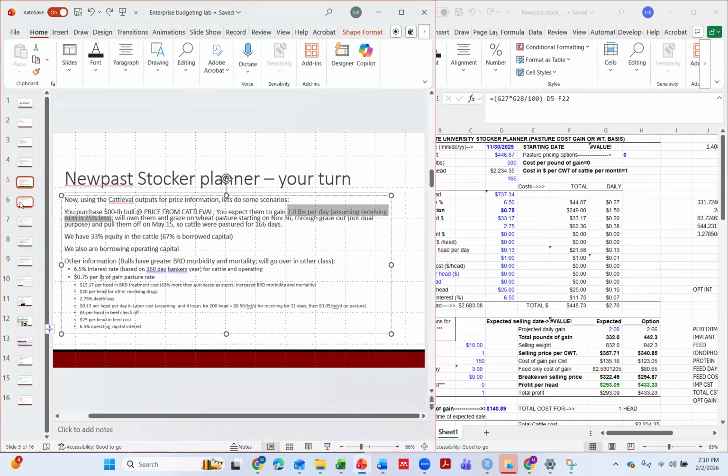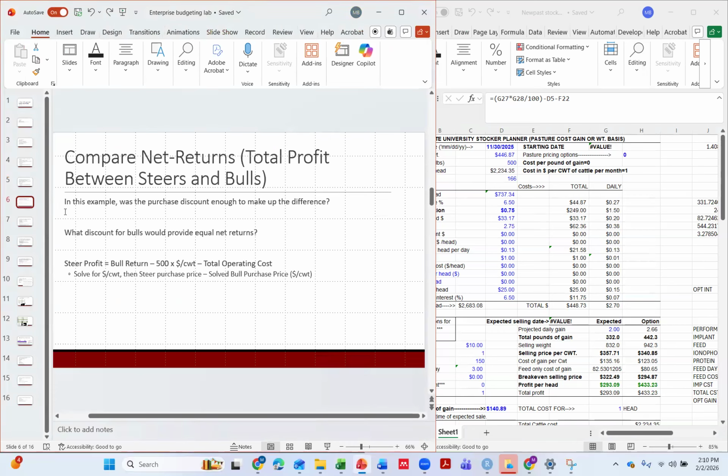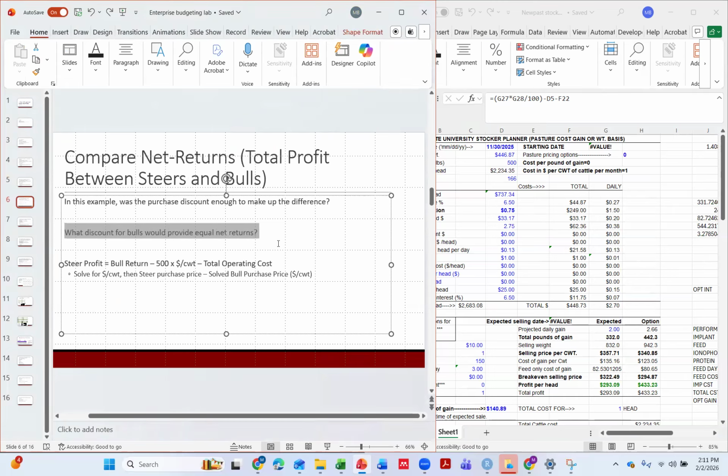So the question becomes, what discount for bulls would we have where we would break even relative to paying for steers? So at what discount for bulls would we provide equal net returns? We can calculate that if we set the profit we want to see for this bull scenario as the steer profit.